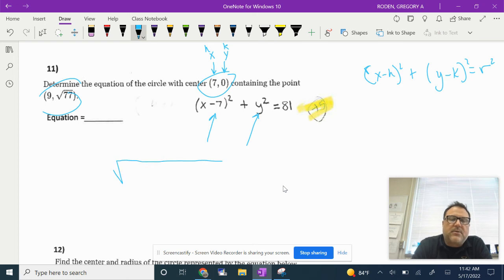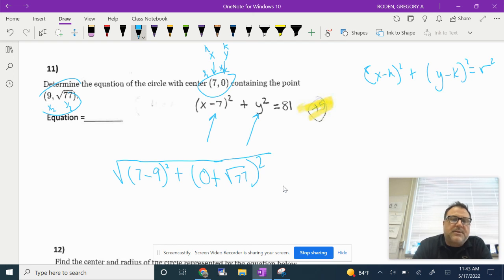So if this is x1, y1, and this is x2, y2. So we can just take x1, which is 7, minus x2, which is 9, squared, plus y1, which is 0, minus y2, which is square root of 77, squared.